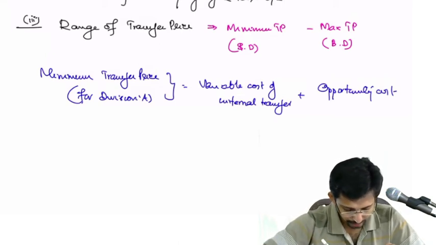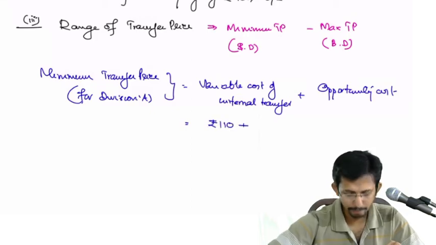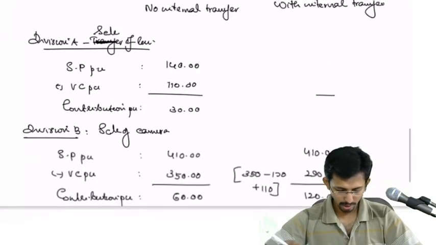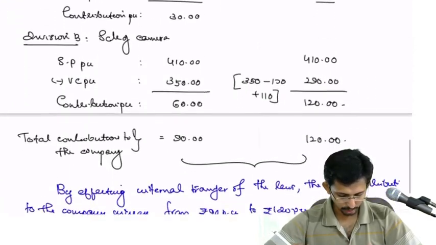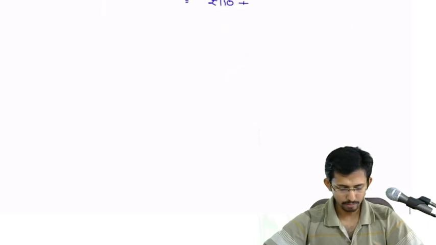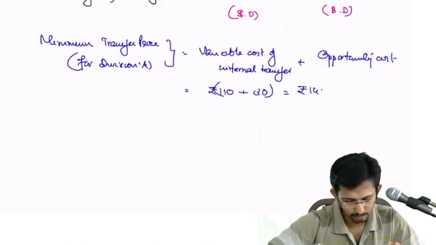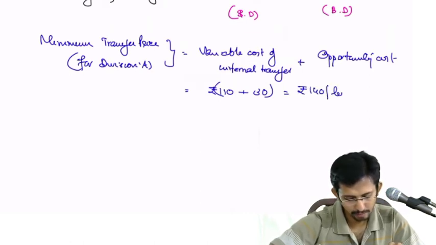So here the variable cost for internal transfer is rupees 110 per unit. Okay, plus what is the opportunity cost? Opportunity cost is the contribution foregone. What is the contribution foregone here? It is rupees 30 per unit. So it will be rupees 30, that is rupees 140 per lens.